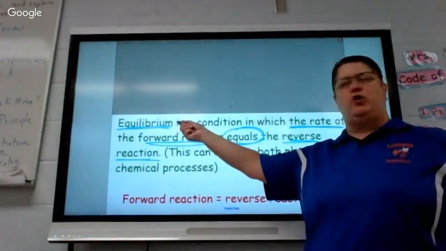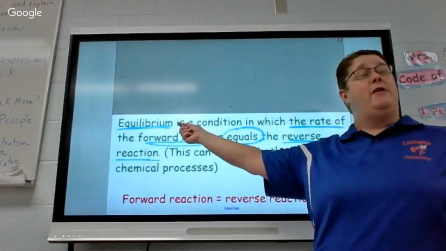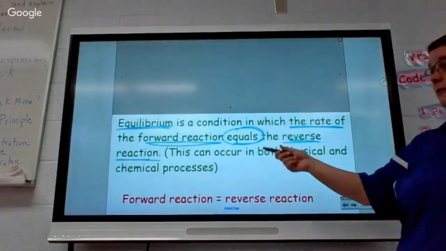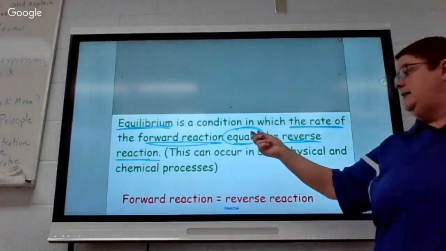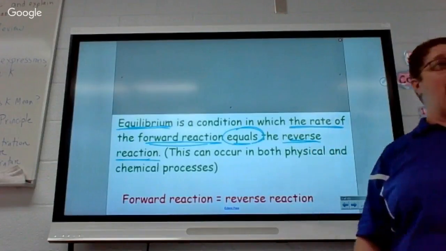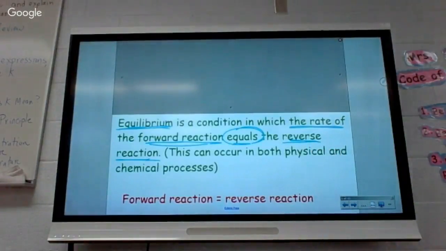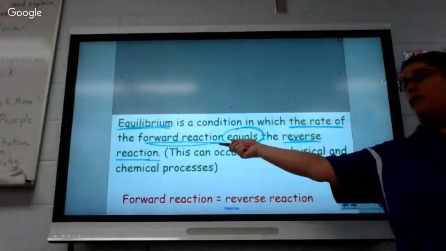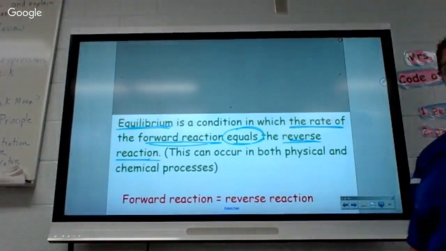If the question says you're at equilibrium, what do you have to pick? You have to pick that whatever's happening is equal. In this case, the forward reaction is equal to the what? Reverse reaction. On the quiz I'm alluding to, because we were talking about physical equilibrium, the rate of evaporation would have equaled the rate of what? Condensation, because we did physical equilibrium. But in this case, we're going to talk about forward reactions and reverse reactions.